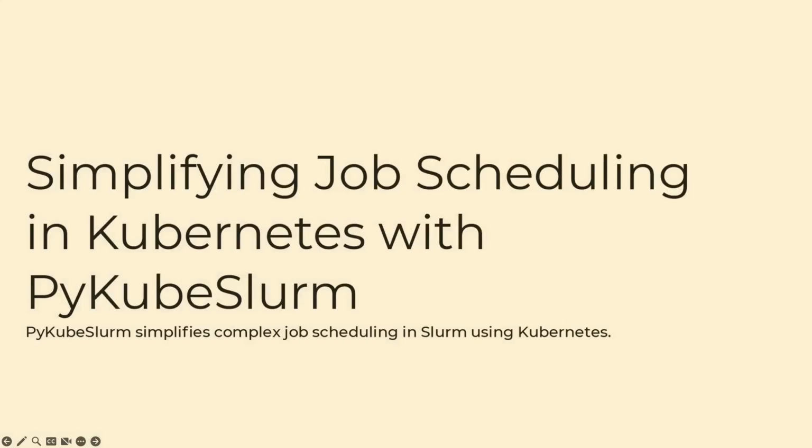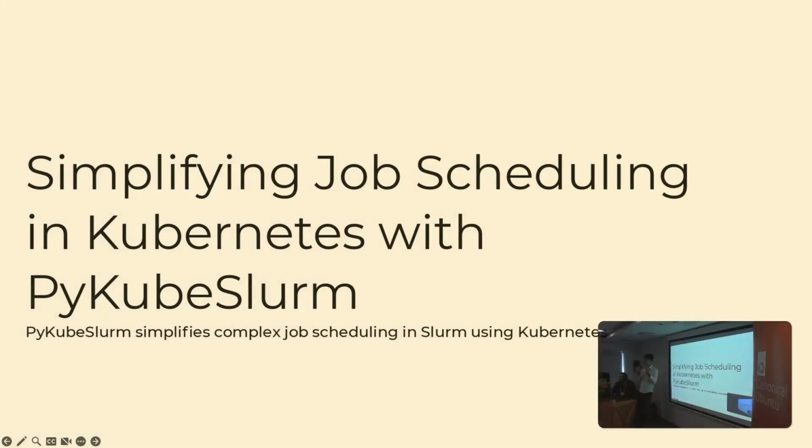Today I'm going to talk to you about PyKubeSlurm, which the name is a little bit intuitive if some of you are familiar with the three frameworks related to it: Python, Kubernetes, and Slurm. The content is related to submitting jobs to the Slurm queue by using Kubernetes.